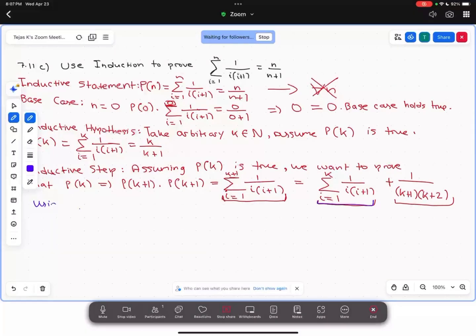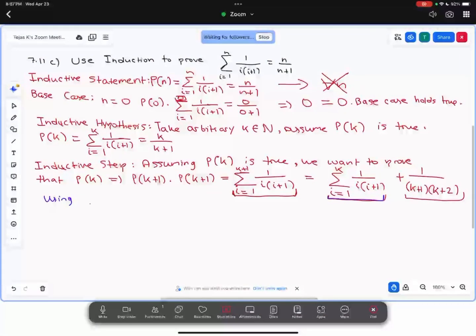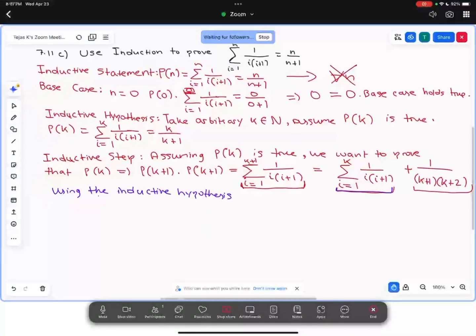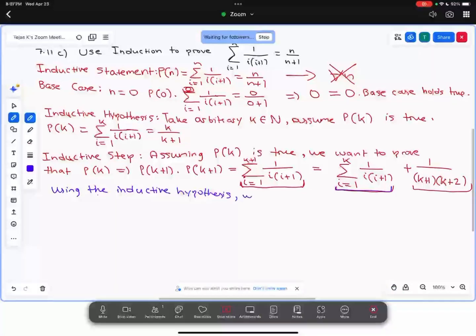So using the inductive hypothesis, we get k over k plus 1, because we know it from right here, this section right here, plus 1 over (k plus 1) times (k plus 2).